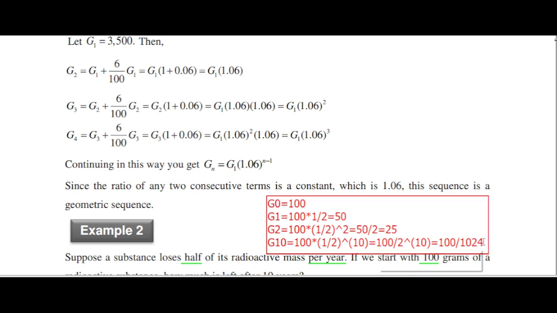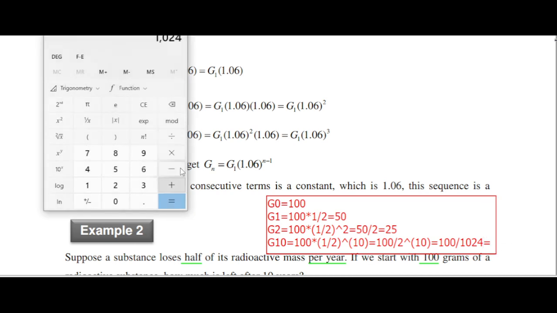So this is equal to 100 divided by 1024. Let's calculate it. 100 divided by 1024 is equal to 0.098.